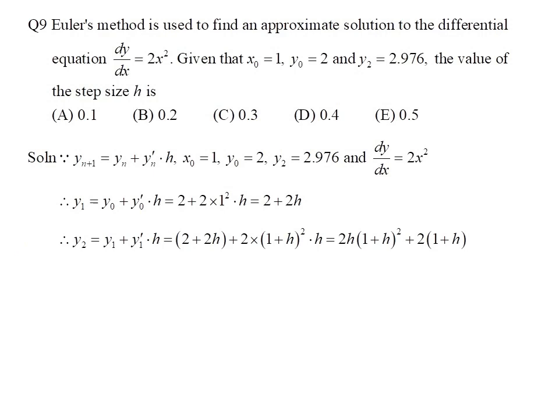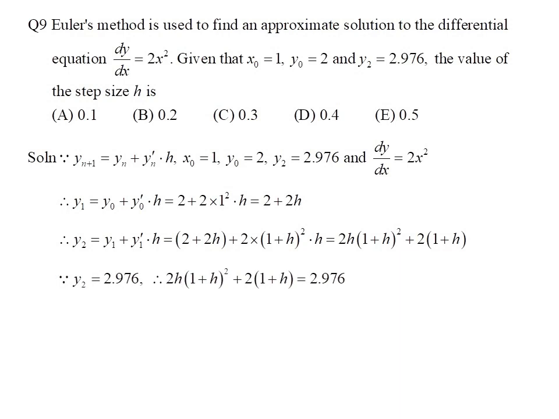Similarly, y2 is equal to y1 plus y1 prime times h, which equals 2 plus 2h plus 2 times (1 plus h) squared times h, which can be simplified to 2h times (1 plus h) squared plus 2 times (1 plus h).